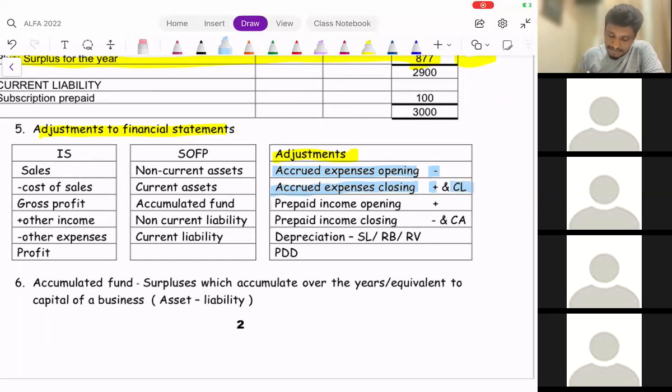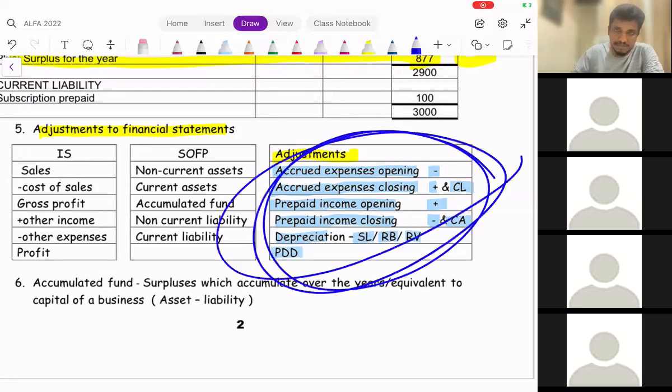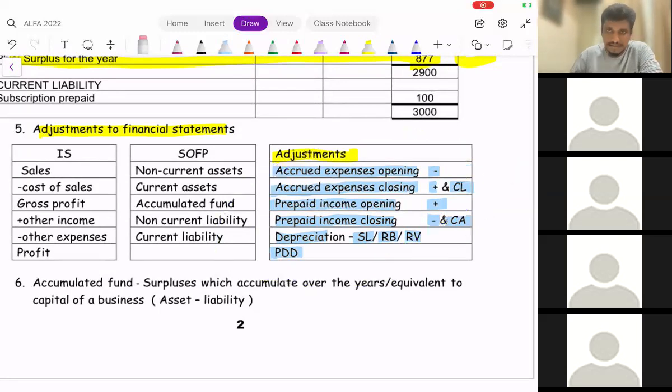Prepaid opening income we plus. Prepaid income closing we minus, and it will be a current asset. For depreciation, you need to calculate straight line, reducing balance, and revaluation, and also take care of the provision for doubtful debt. We already did a lot of exercises on this, and you are supposed to know how to do it.